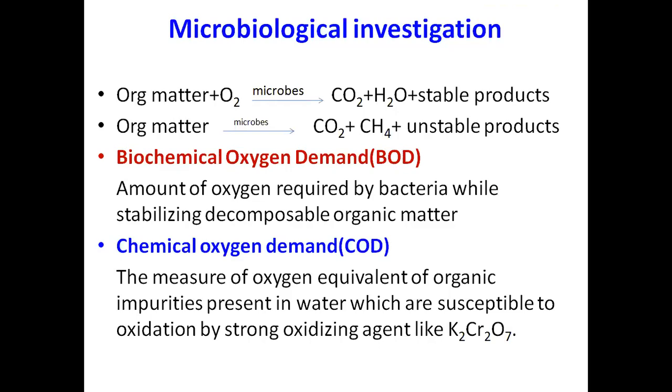So microbacteria will demand so much oxygen in order to convert the organic matter into stable products. It is quite obvious that when the water is highly impure, microbacteria will need more oxygen. Because of impure water, there is very less oxygen, so it will need more oxygen, and the BOD value will increase.